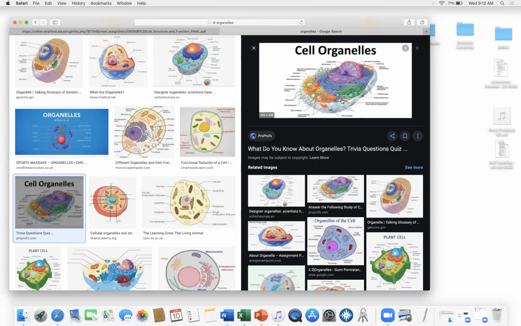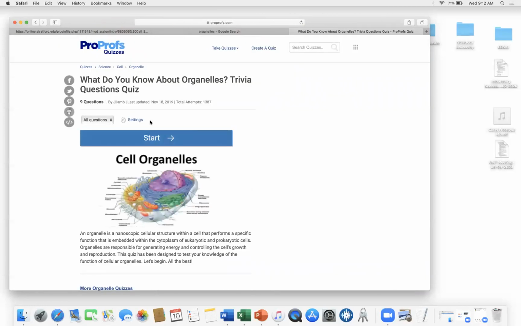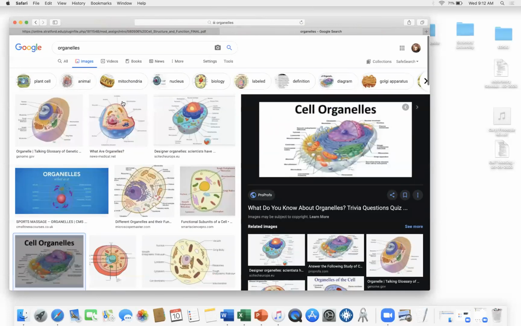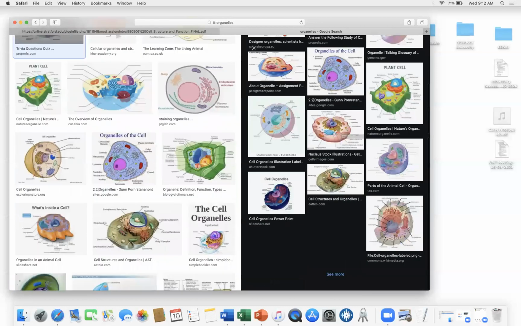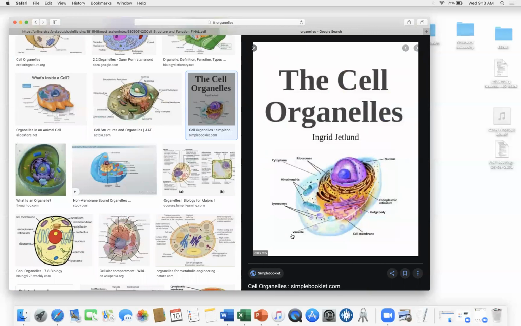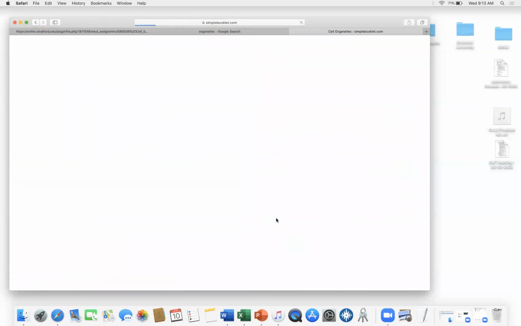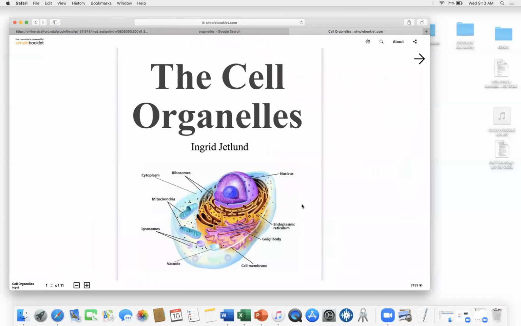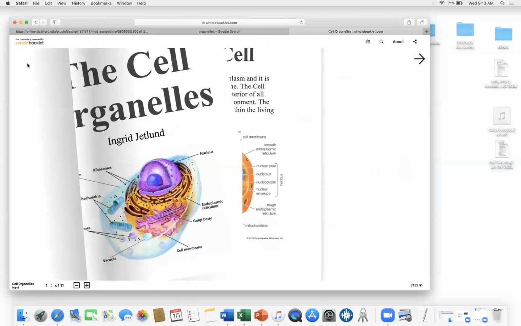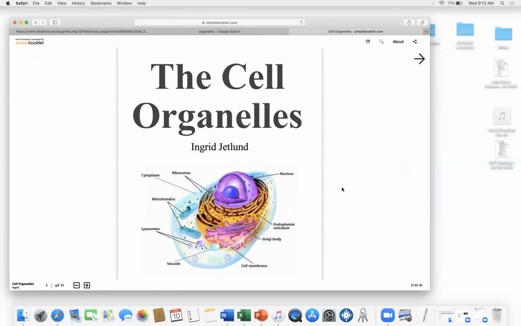Is this the one I want? I like this one. Wait, kill this, open this, find this, find that. Oh man, there might be even greater explanations. Oh, wonderful. Oh, cool. Maybe I'll put this booklet on.